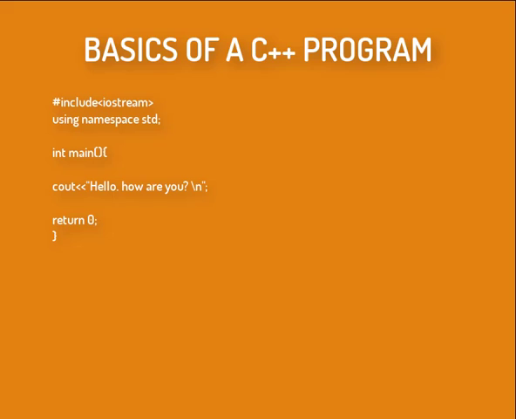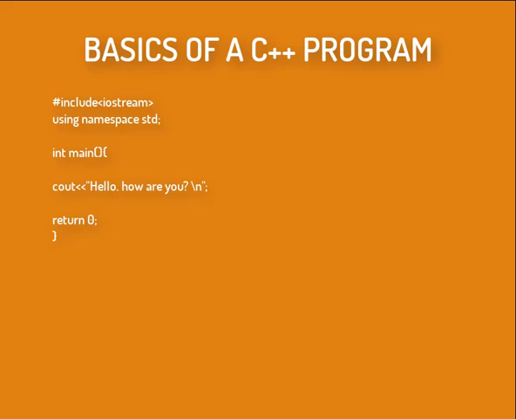The first line says pound include angle bracket iostream close angle bracket. The second line says using namespace standard. The third line says int main open close parentheses start curly brace.